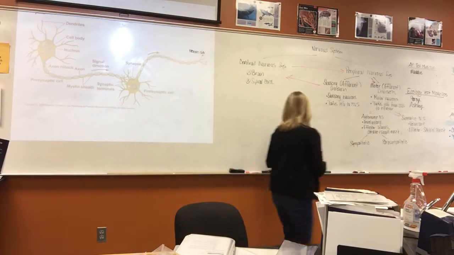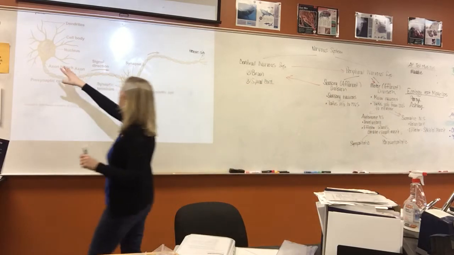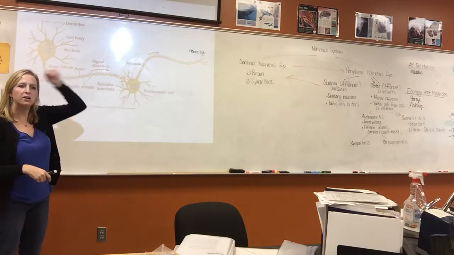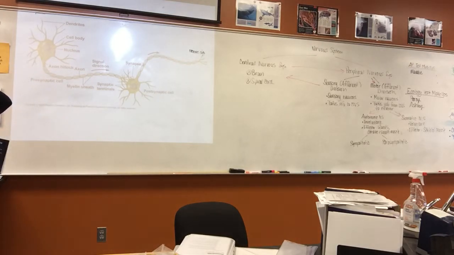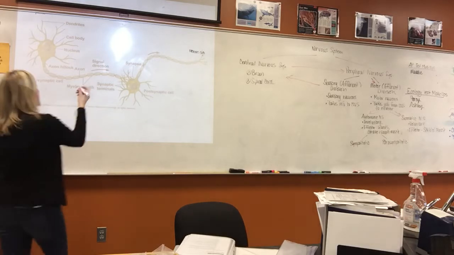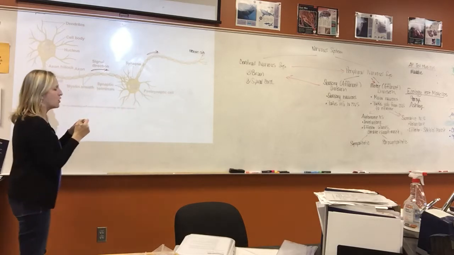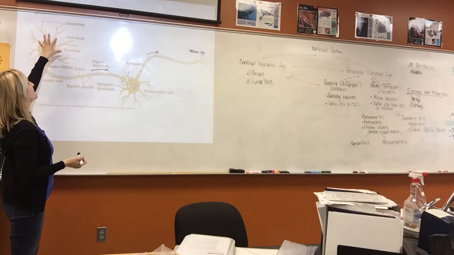I'm going to introduce a couple of new things here with this picture though. Here, this cell is communicating with this cell. How do I know that? The signal direction. So they have the signal direction here. And we know that signals are always taken in by the dendrites.